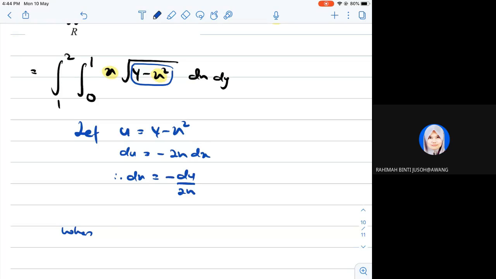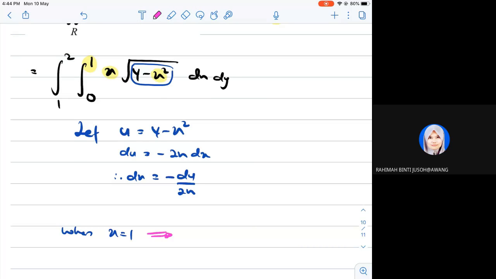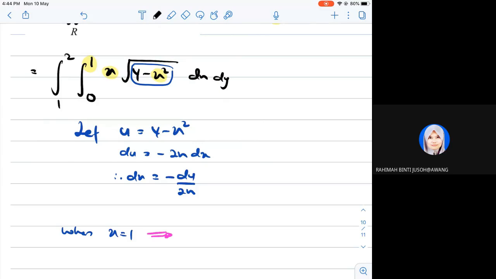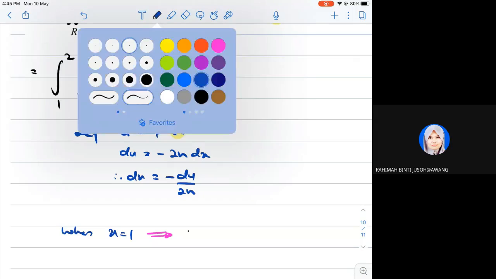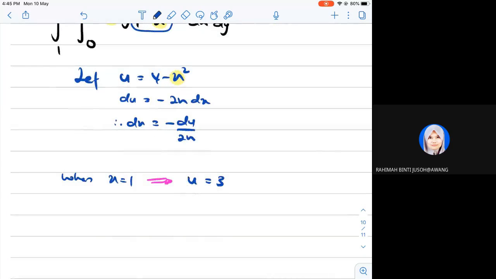When x equals 1, I take the upper one, the limit should be changed. You substitute into this. Substitute x equals 1, so 4 minus 1 squared gives u equals 3.